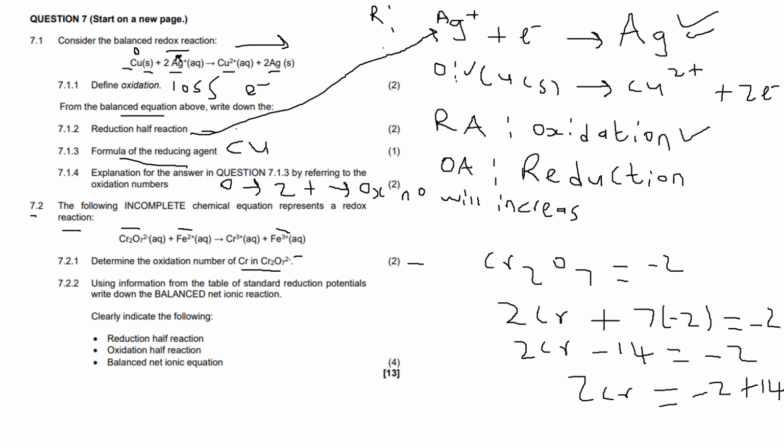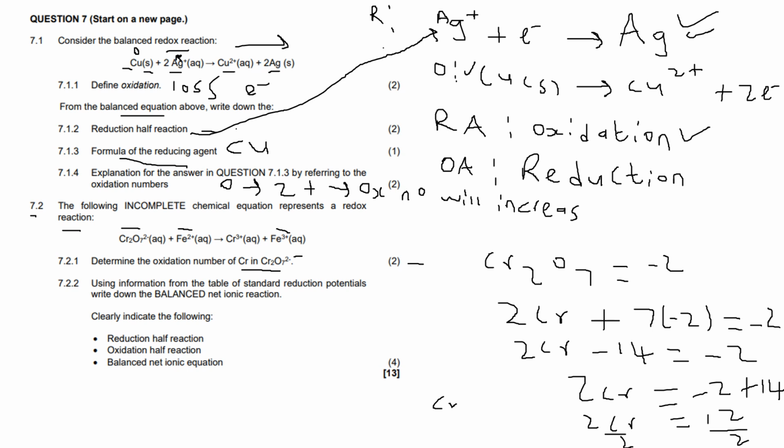So 2Cr equals negative 2 plus 14, which is 12. Then you divide everything by 2, because the aim is to find Cr. So Cr will be 12 divided by 2.